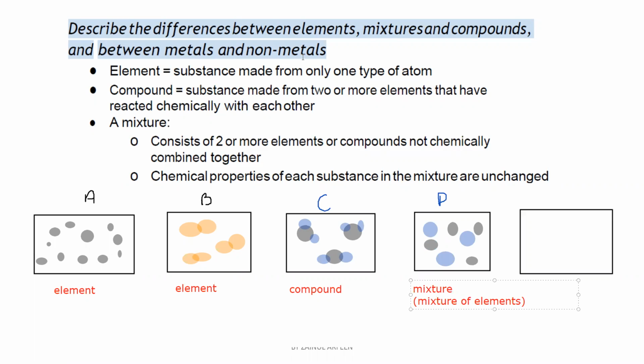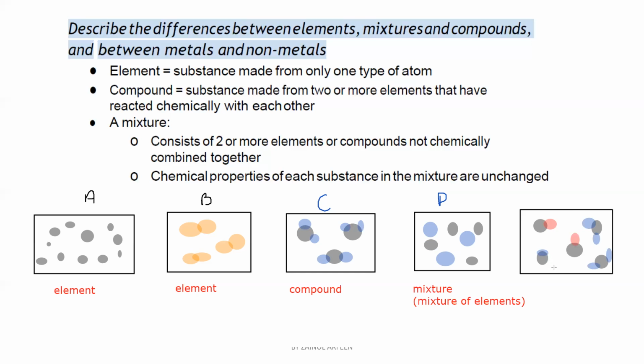Or we might have a mixture of compounds. What is a mixture of compounds? If we have different types of molecules or different types of compounds, like this is one type and here is another type. So these are different types of compounds.